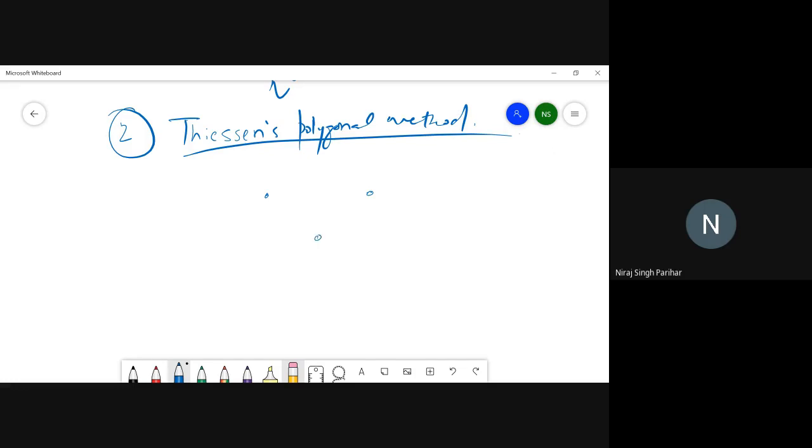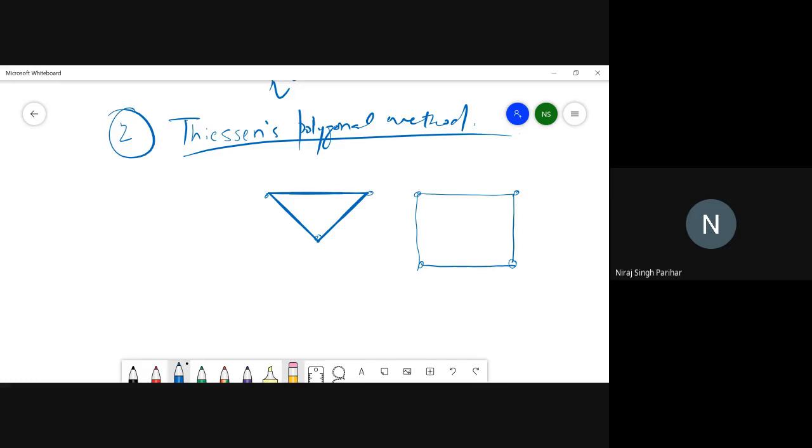Let's say there are 3 stations. Okay. So what I'll do, I'll first join these 3 stations by straight lines. So ultimately, I'll reach some polygonal figure. This is the most simplistic figure, right? I have a triangle. Now, say I have 4 stations in a catchment, then I'll be joining all those stations through lines, and I have reached another figure.